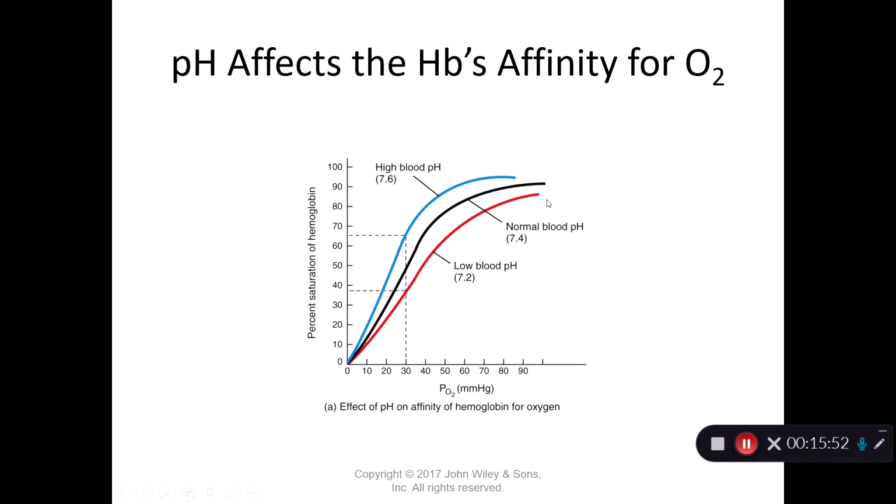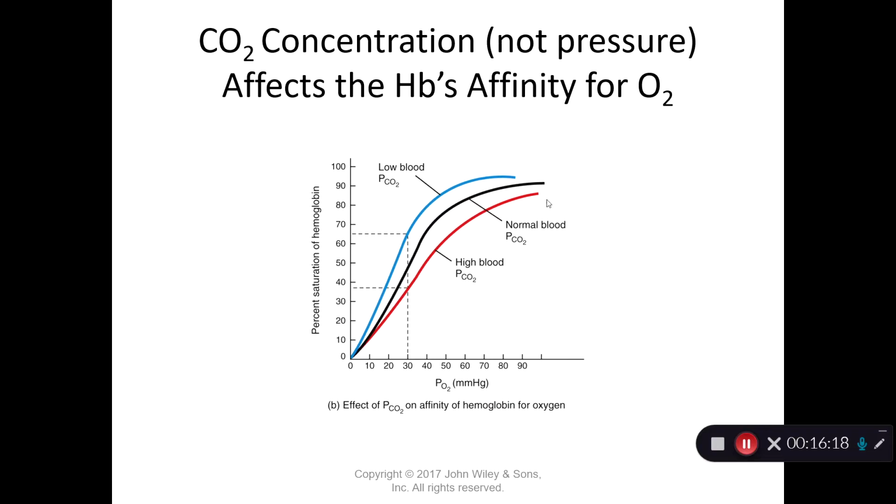And if you remember, near your cells, you're converting CO2 into an acid. If you're converting CO2 into acid, then hemoglobin might just drop the kids off at the pool. Hemoglobin is going to try and drop off oxygen in your blood capillaries.